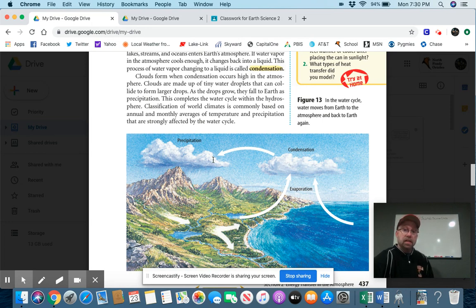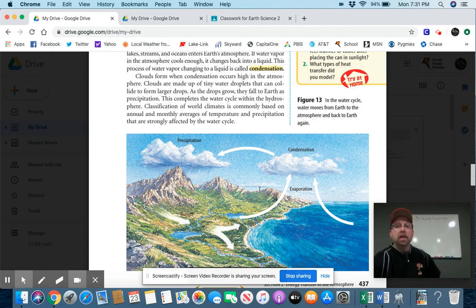Eventually, that moisture comes back to the earth in the form of precipitation. We're going to learn about the types of precipitation: rain, sleet, snow, hail. And eventually, it falls back to the surface, where we get runoff and back into the surface water areas. There is a component of this underground, and that'll be something that we take a look at a little bit later on in the school year with groundwater.